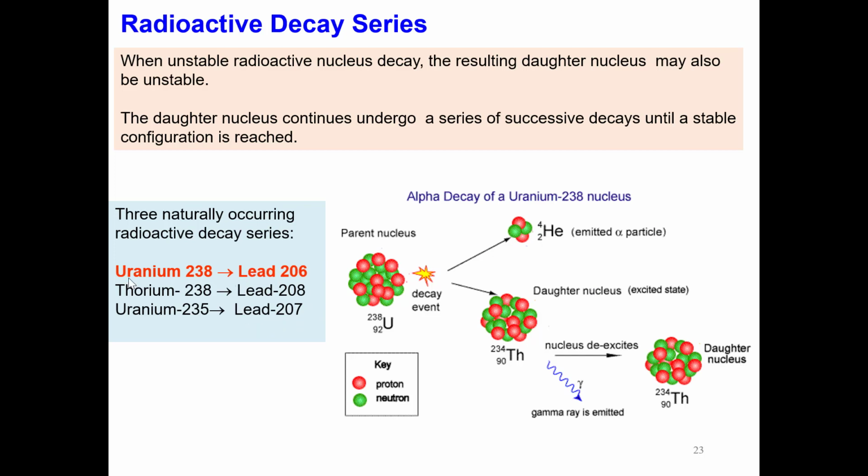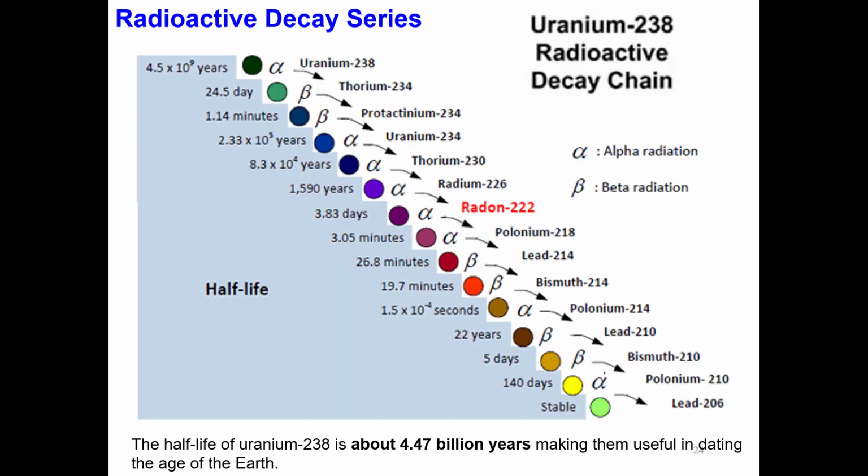Let's talk in detail about the uranium-238 to lead-206 radioactive decay series. In this diagram, we had the uranium-238 radioactive decay chain. We can see uranium decays into different isotopes until it reaches the stable configuration, which is lead-206. One more thing we can notice is the time for each decay is different.